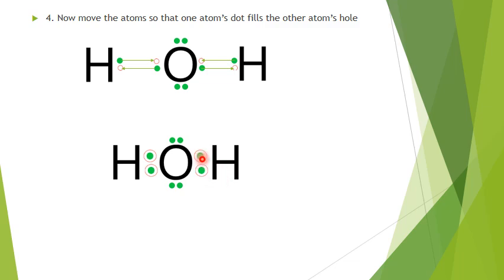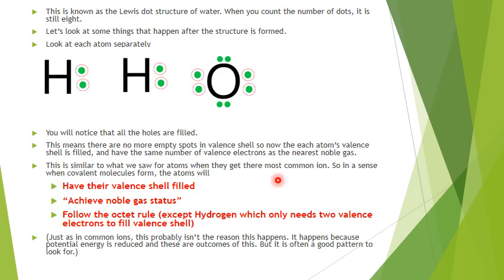So we count the number of dots, and we saw that it was 8. Okay, well, let's look at it a little bit more closely. If we look at each atom, I'm just looking at the hydrogen.